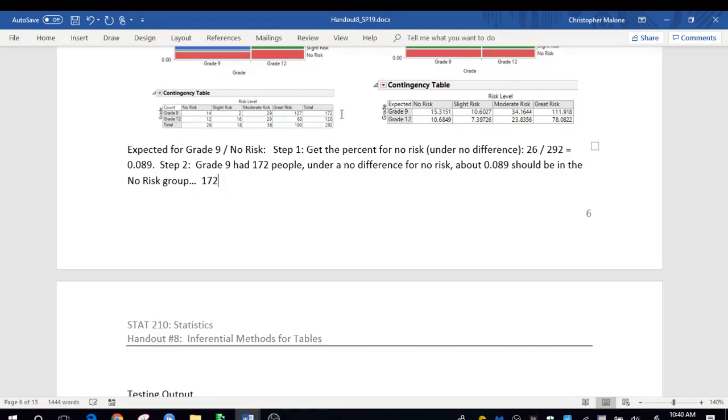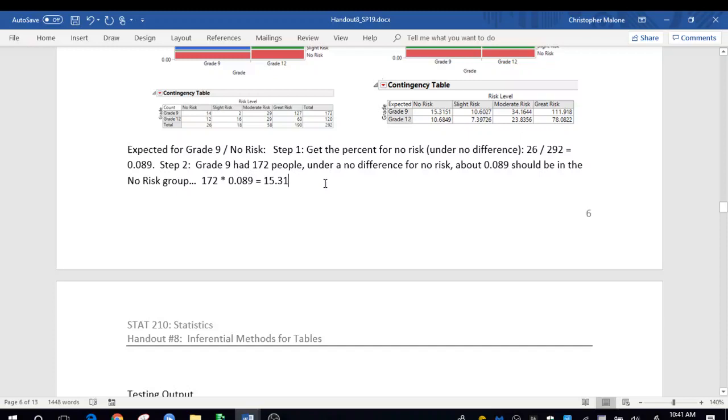So if I take 172 times that 0.089, that's where they're getting that 15.31. So that expected quantity there is determined through that process. And we have to repeat that for all of the cells.